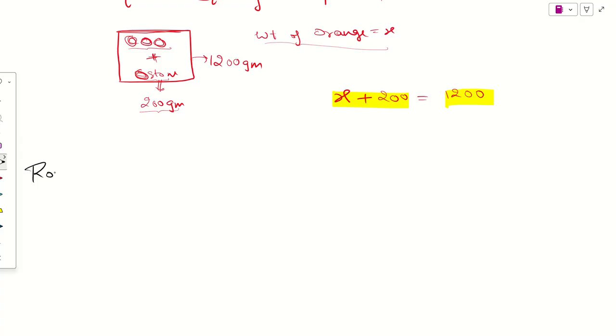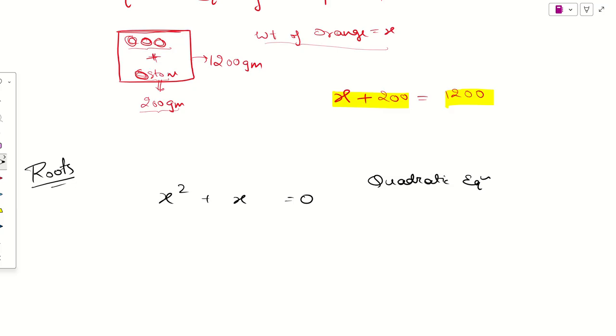Next we have roots. Do you know what roots are? If I write one equation, let's say I'm writing a degree 2 equation. Can you tell me what degree 2 equations are known as? Quadratic equation, right?